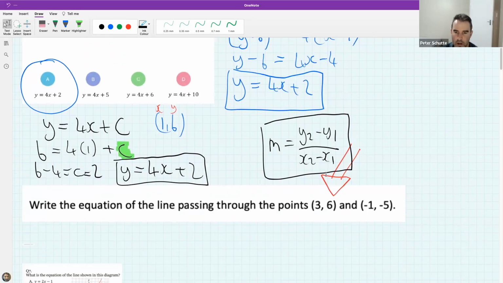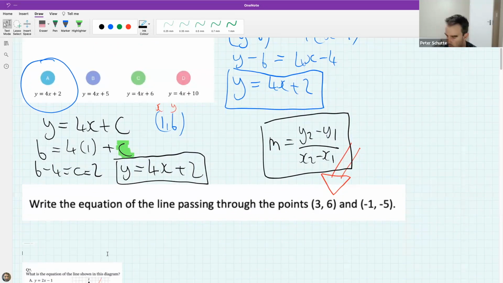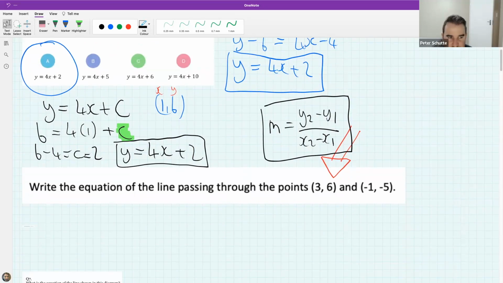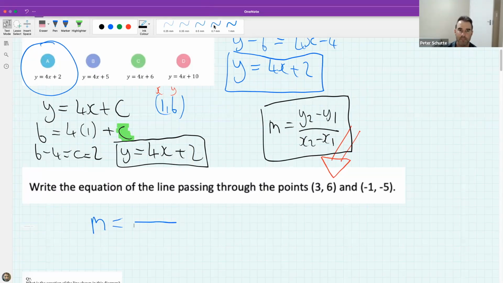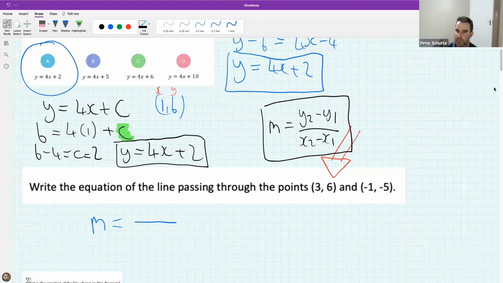Okay, let's see how we're going on this second question. It feels like we need the gradient first. And so I want to know in the chat, what is the gradient that students are getting?